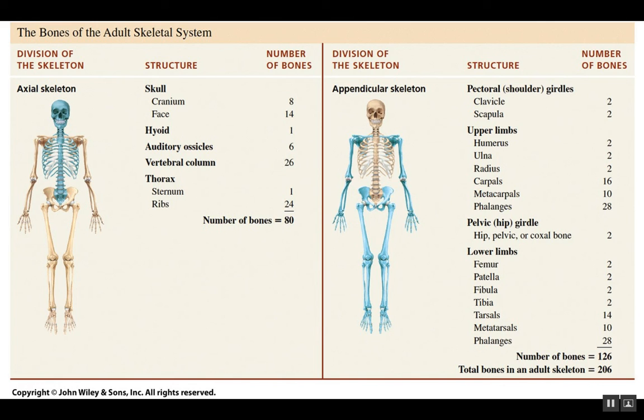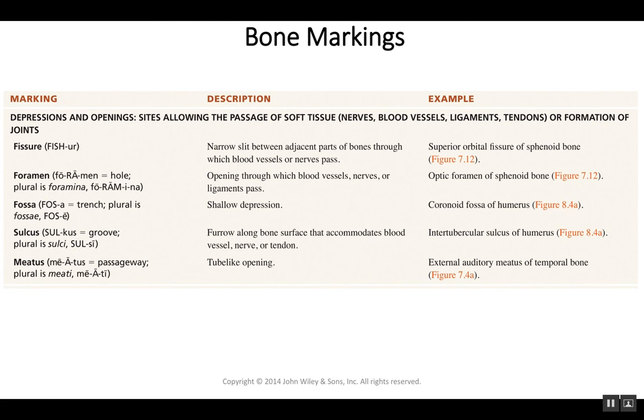So before we begin, there are some new words that are used to describe what we call bone markings or surface markings. A surface marking or bone marking is a structure on that bone that is typically, or I should say always, there for a reason.